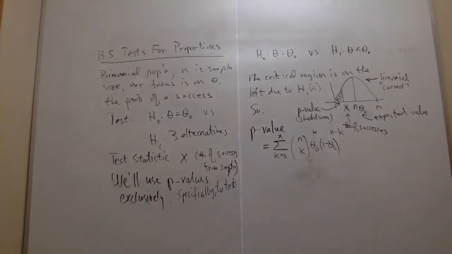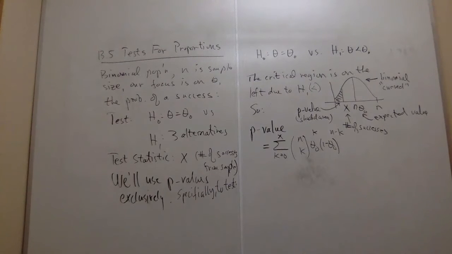I have on the board, this is section 5 from the text. We have a binomial population. We're going to think of the parameter n as our sample size. We control how big n is, and our focus is then on theta, the probability of a success. Our null hypothesis is going to be theta has some pre-specified value, theta 0.